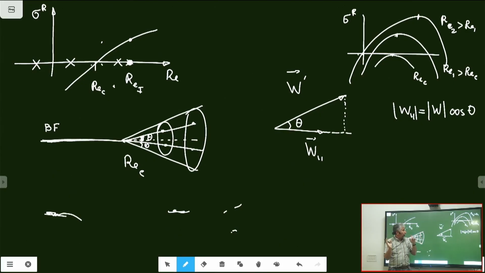So that's the geometrical interpretation. Okay? Now, another thing which we need to keep in mind is the following.